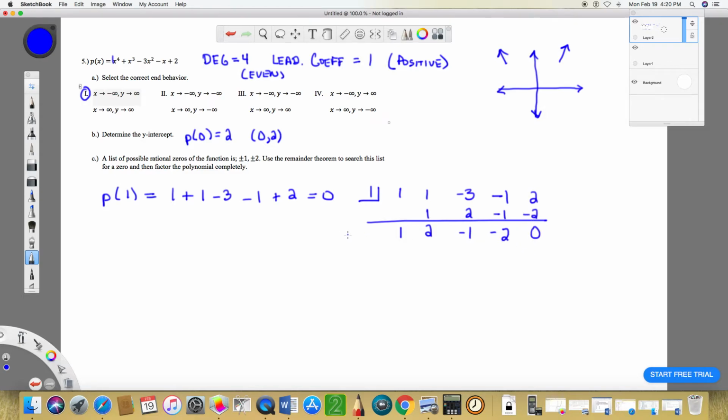And we get a 0. Now this is still an x to the third. We can factor it by grouping, but let's go ahead and continue.